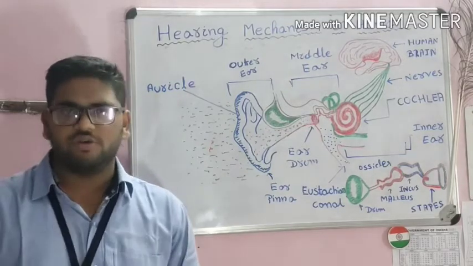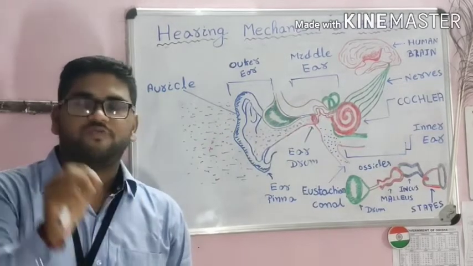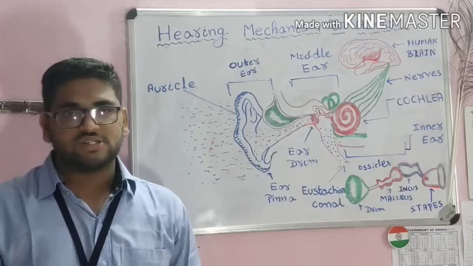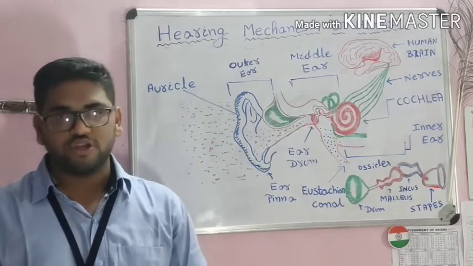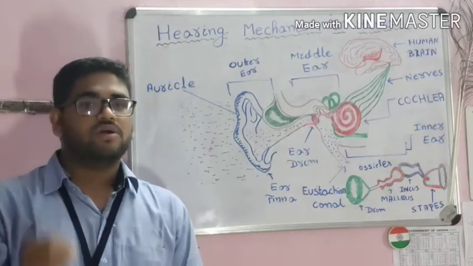Whatever the sound may be, that will be distinguished by the brain. It can distinguish very thin sounds as well as thick sounds, shoutings, sounds with higher amplitude, lower amplitude, higher frequency, lower frequency.